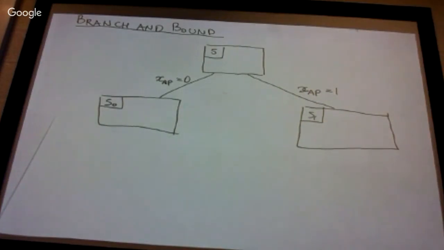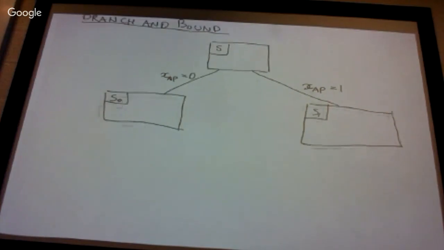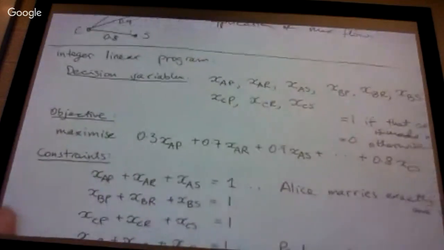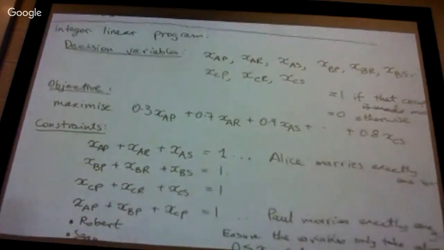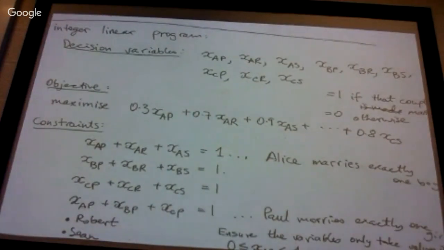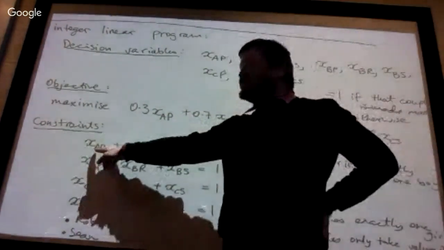Now, what we can see is that, look at the constraints here. There are some constraints in which XAP appears.